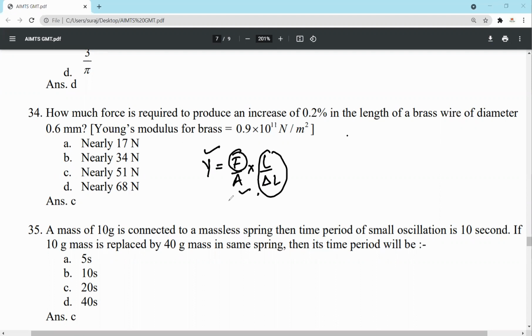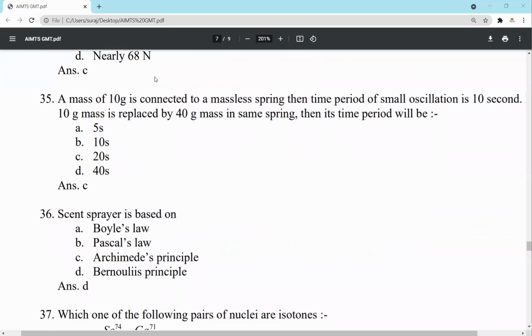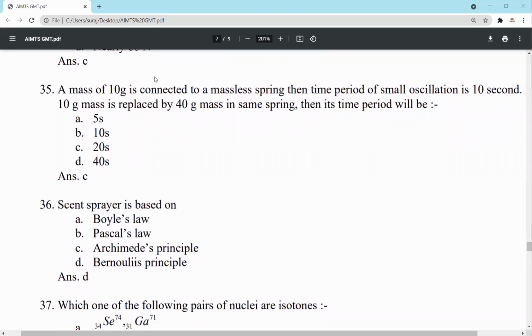Next, coming to question number 35. A mass of 10 gram is connected to a massless spring. The time period of small oscillation is 10 seconds. If 10 gram is replaced by 40 gram in the same spring, then the time period will be?